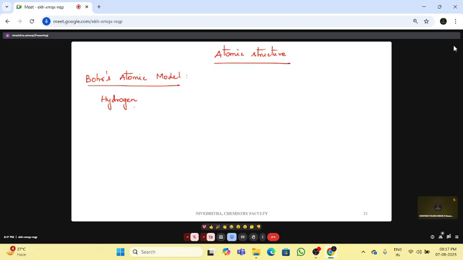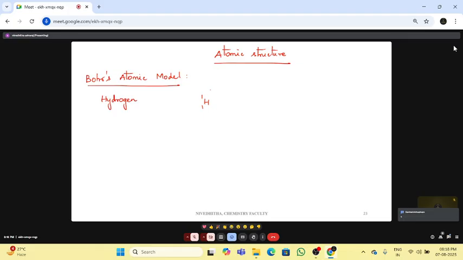What is the symbol of hydrogen? It is H. And what is the atomic number? One. And what is the mass number? It is also 1. Right?